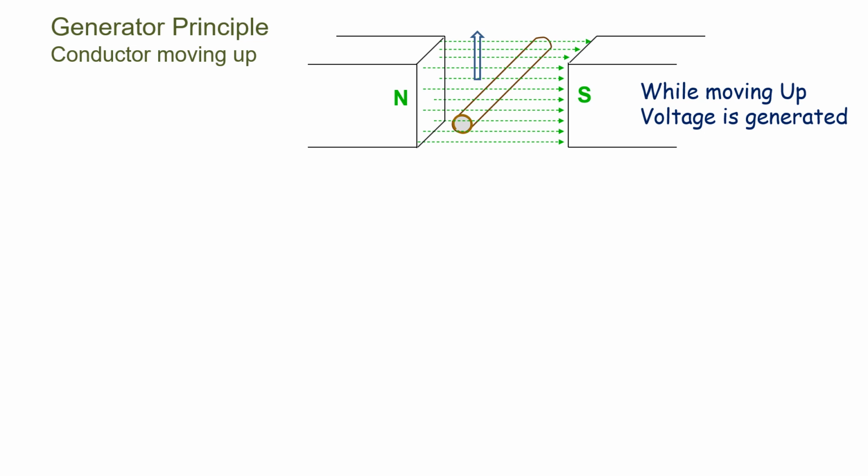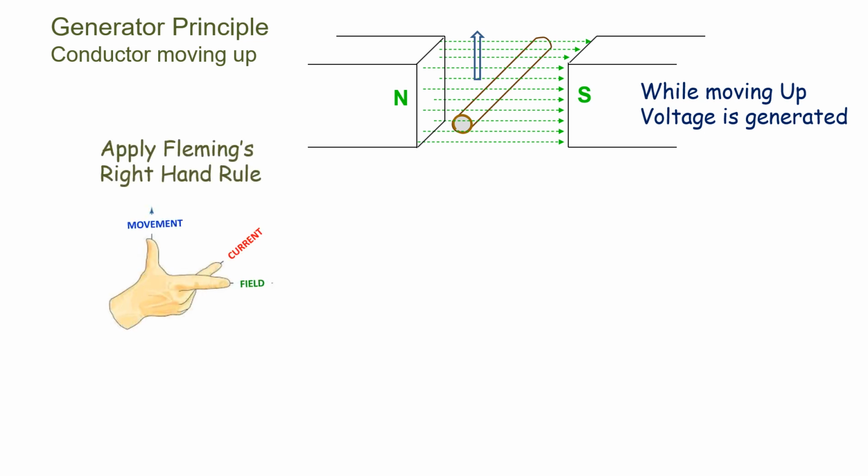To know the direction of the current supplied by the single conductor generator, we will apply Fleming's right hand rule. Show the conductor movement by means of the thumb of the right hand, the first finger in the magnetic field direction towards right, and the second finger, which is oriented towards inside the figure, will indicate the current direction.